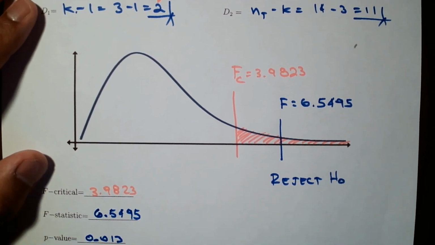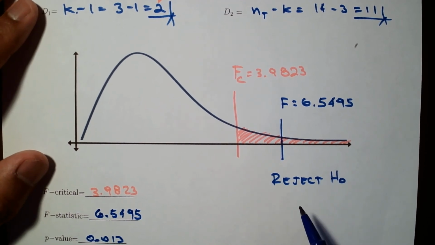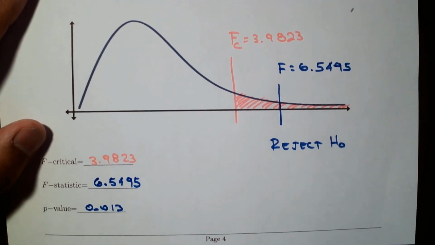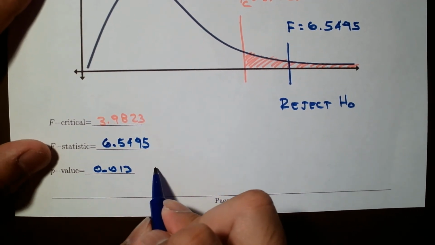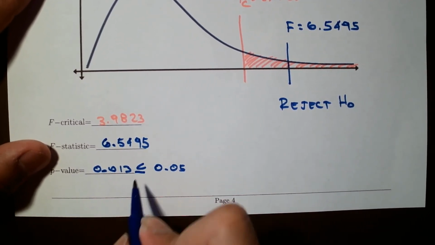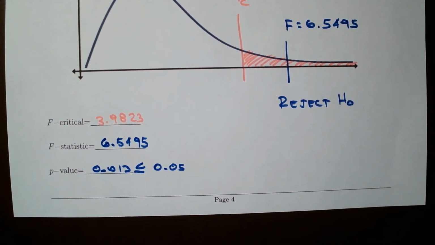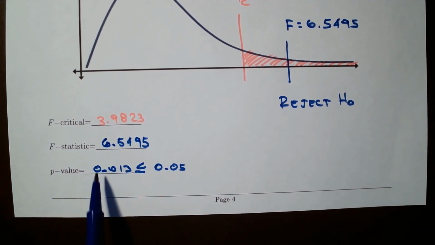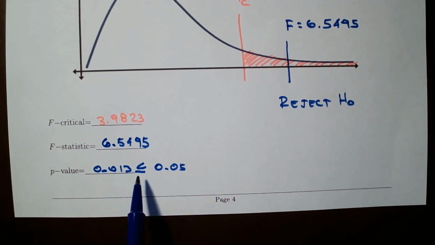All right, we have sufficient evidence to support our claim. Now, putting together the p-value next to 0.05, which is the alpha level, the p-value is less than or equal to the significance level of 0.05.